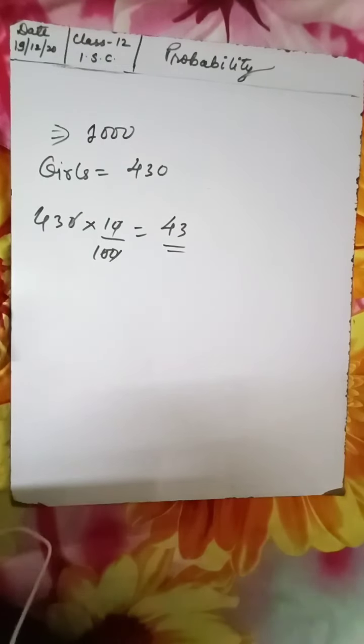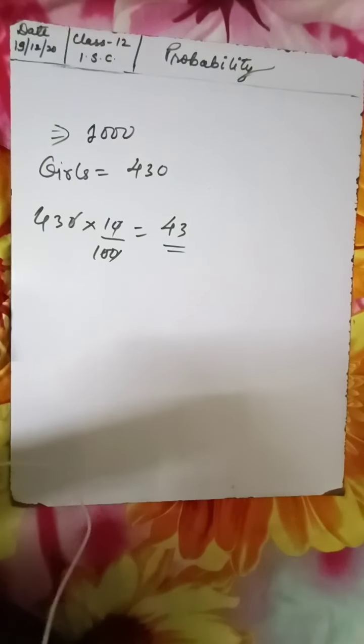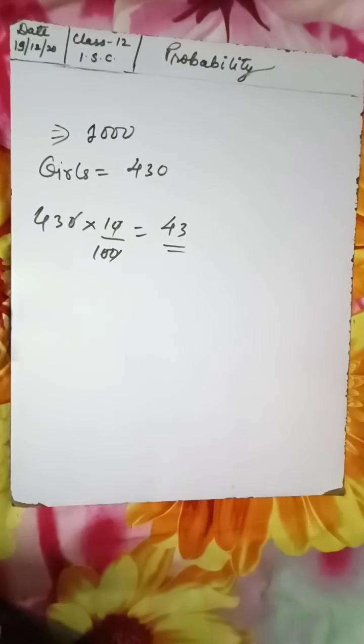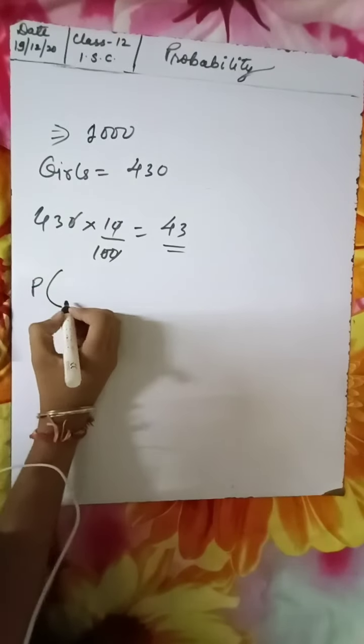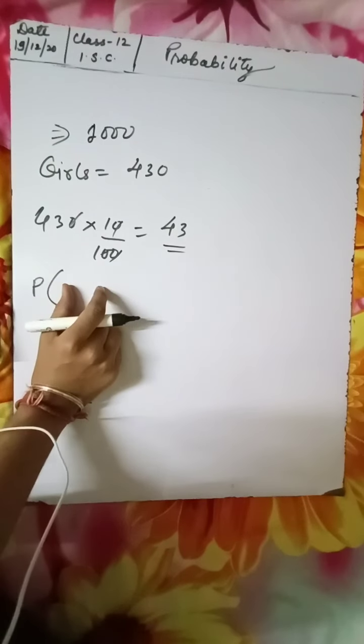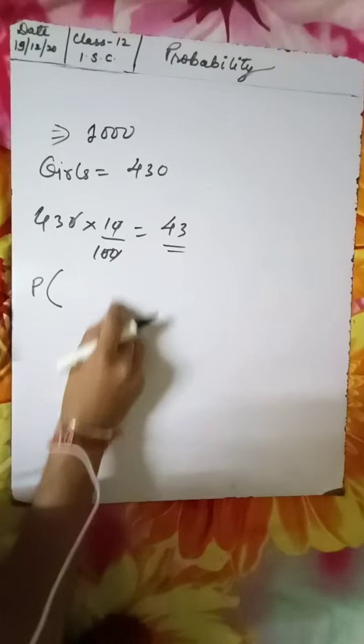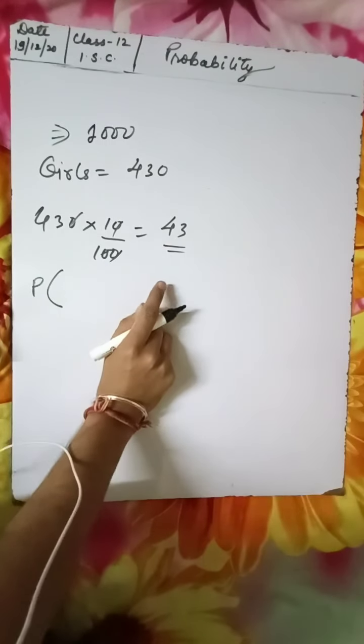What is the probability that a student chosen randomly studies in the 12th class given that the chosen student is a girl? So we need to find the probability that the student studies in 12th class, and the condition given is that the student has to be a girl.